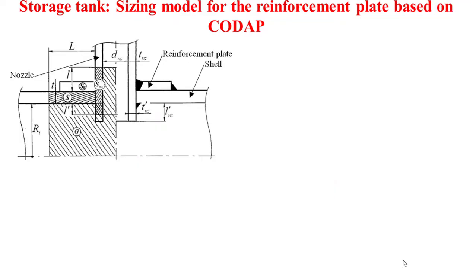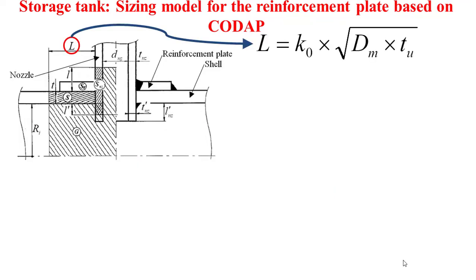Now, based on this model, CODAP states that this characteristic dimension capital L, which is related to the portion of the shell participating in the resistance around the opening, is equal to a certain factor K0 multiplied by the square root of the mean diameter of the shell multiplied by the useful thickness of the shell.